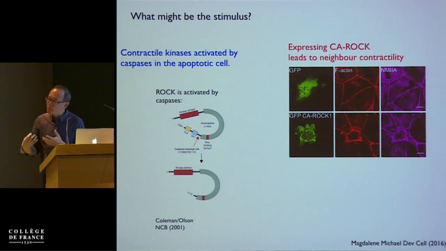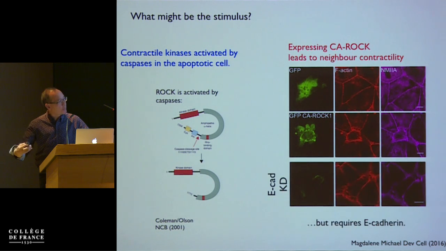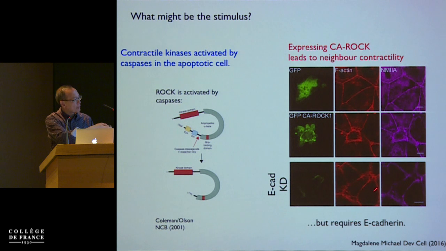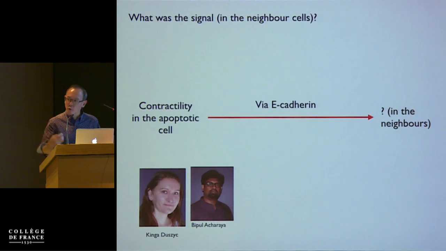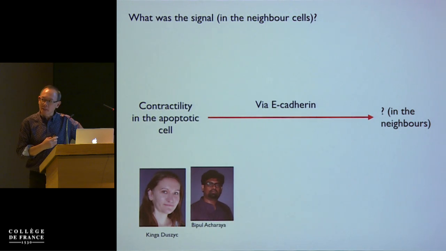So this is a cell that's hypercontractile but is not actually undergoing apoptosis. So force transmitted from a cell, perhaps an apoptotic cell, to its neighbors might be a stimulus for this neighbor cell response, but it's a stimulus that requires E-cadherin, because if you knock down E-cadherin, you can express the transgene, but the cell doesn't get extruded. It's also been known for a while that if you knock down E-cadherin, that too will block apoptosis.